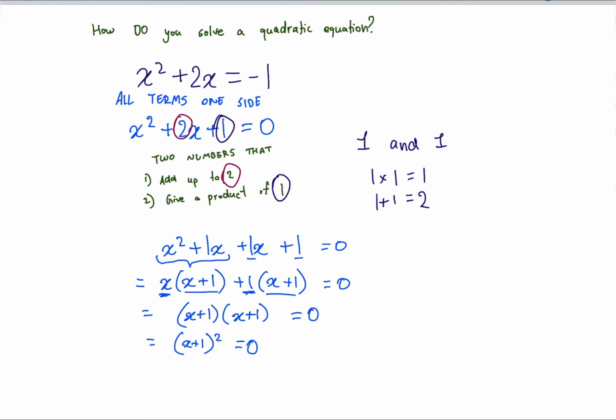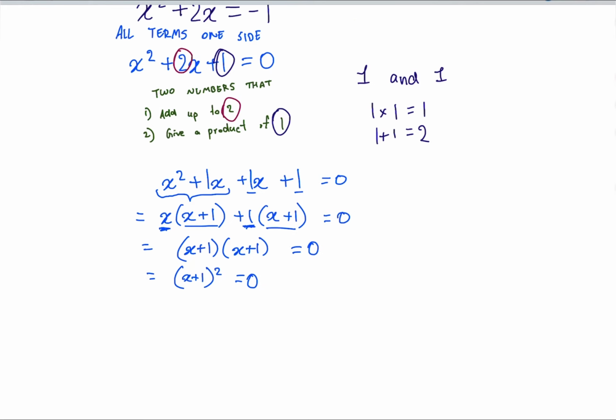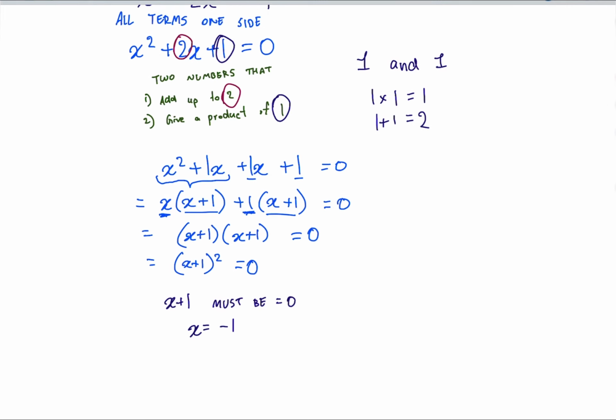So x plus 1 must be equal to 0, right? That means x must be -1, because -1 plus 1 is equal to 0, and 0 squared gives you 0. So that is the only answer here.